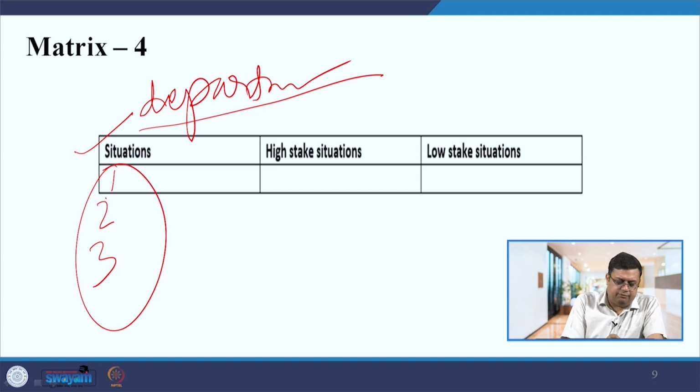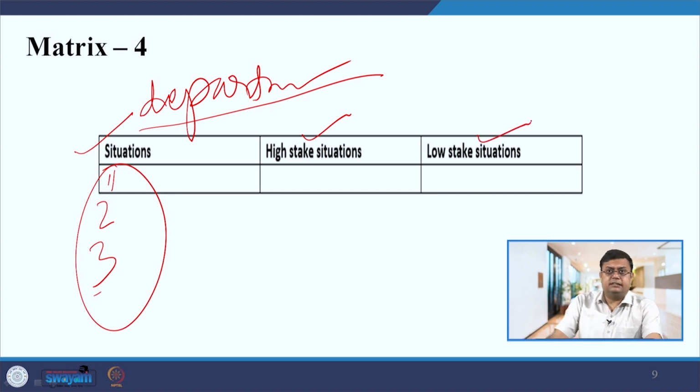So, here you have to identify the situations for which you want to prepare the employee, right. So, you can make situations department-wise: 1, 2, 3, 4, 5, 6, right. And now you can categorize the situations into two categories: high stake situation and low stake situation.